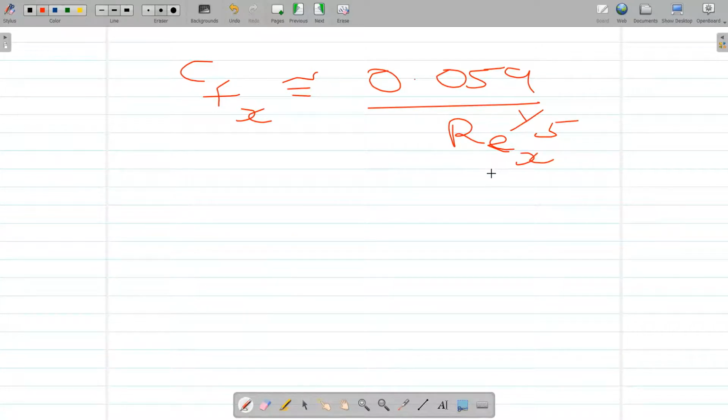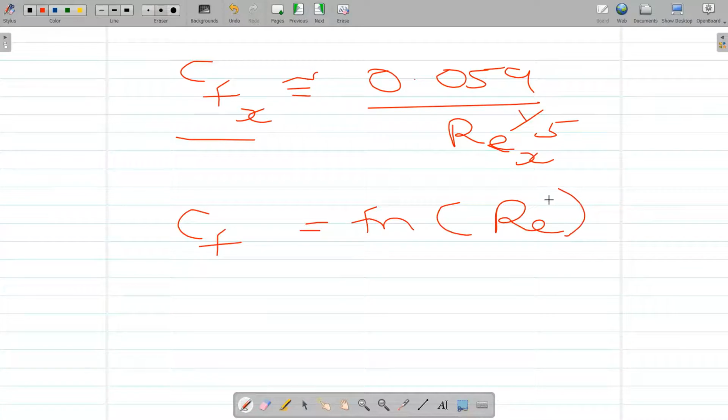So this is basically telling you that my skin friction coefficient is a strong function of my Reynolds number, the Reynolds number of the free stream or the flow. And this is the skin friction coefficient at every location.